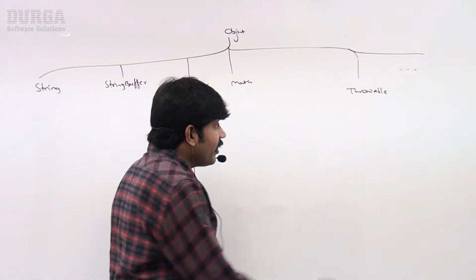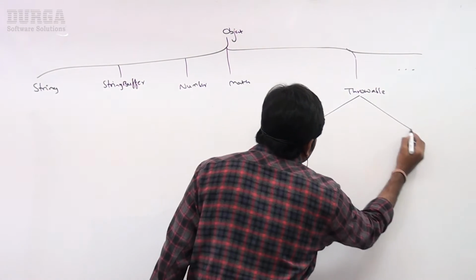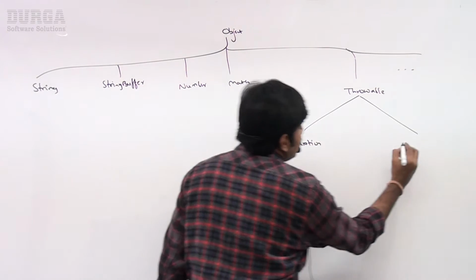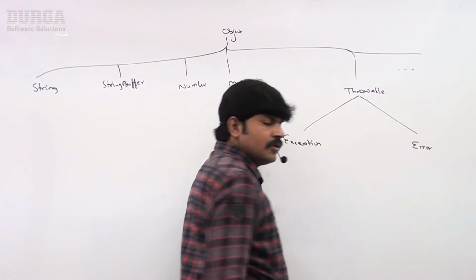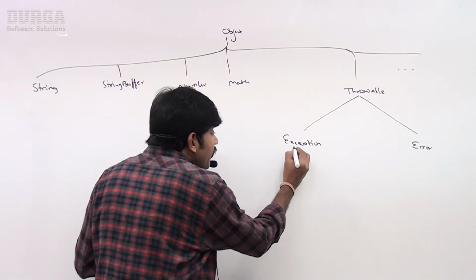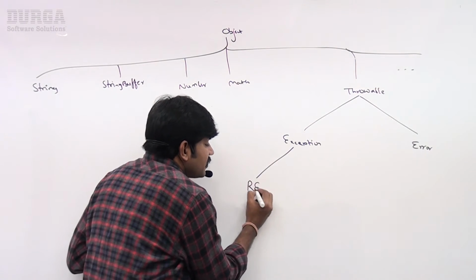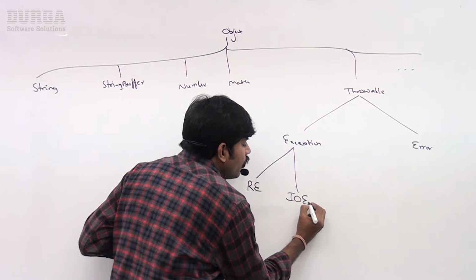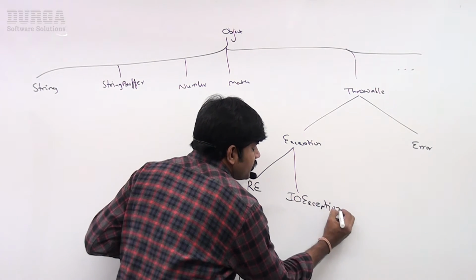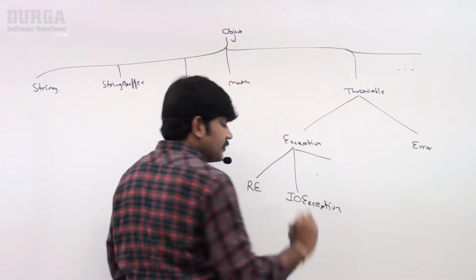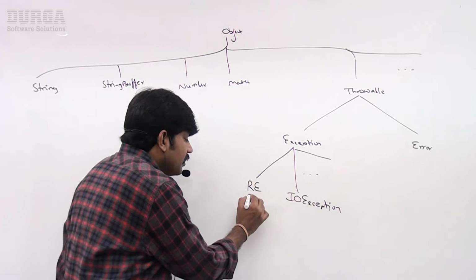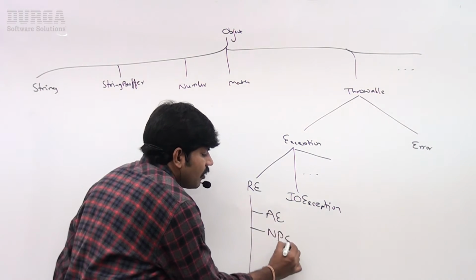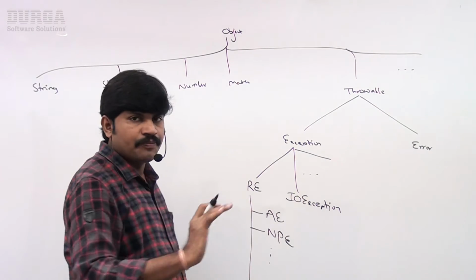For Throwable, there are again two child classes. What is the first one? Exception. Second one, Error. For Exception, there are several child classes: RuntimeException, IOException. Under RuntimeException, again there are several child classes: ArithmeticException, NullPointerException, like that.